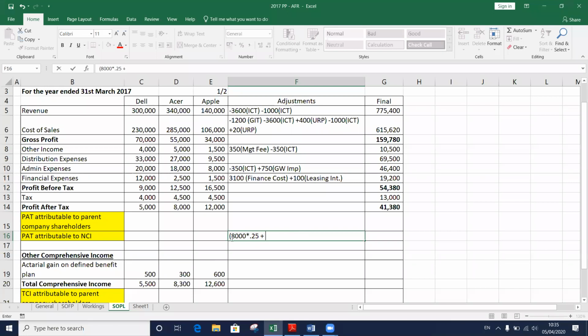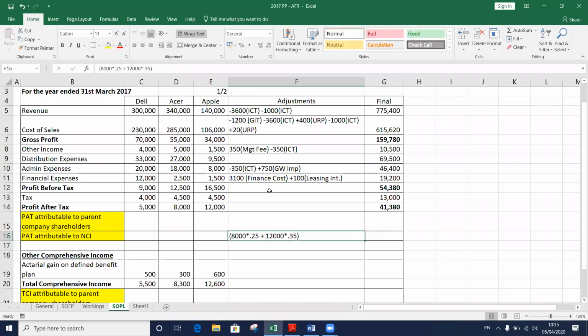Apart from that, out of this 12,000, what is the NCI percentage? 35%. Okay.